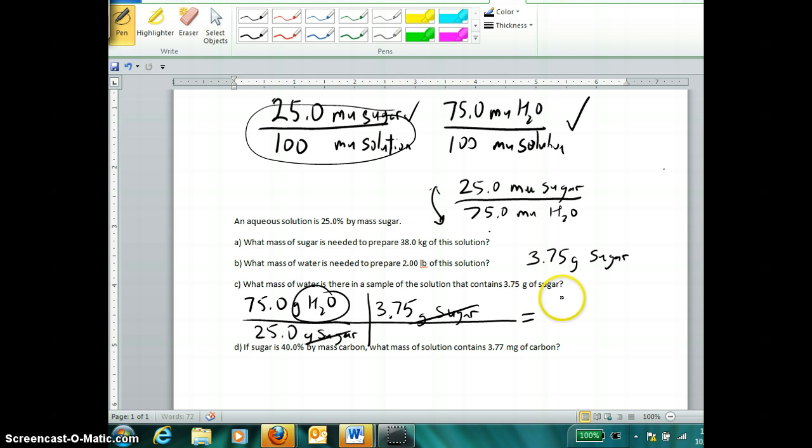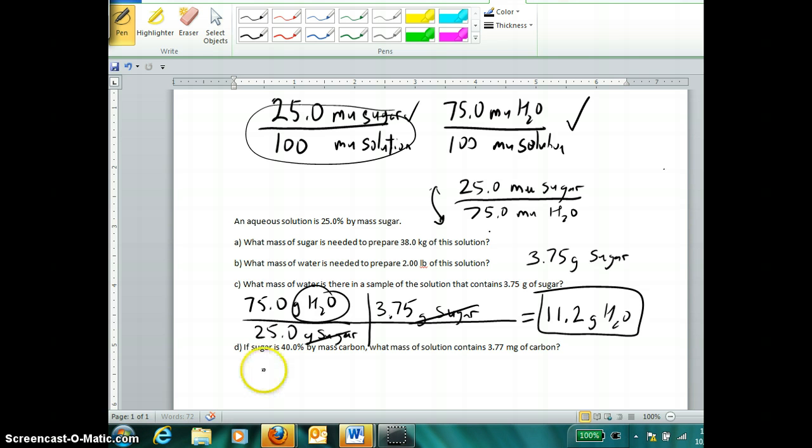And since my calculator reads 11.25, I'm going to write 11.2, because when I have 2 followed by exactly 5, I always like to round to the even digit, and this would be grams of water. And the problem is once again complete. I have a mass of water.